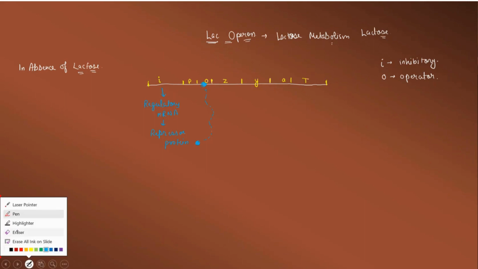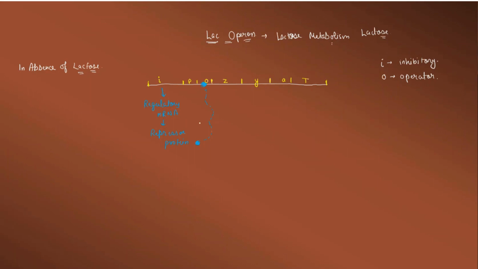Now because of this binding of the protein with the operator, the main enzyme for transcription, RNA polymerase, couldn't bind to the promoter. Now RNA polymerase cannot bind to the promoter, so what will not happen?